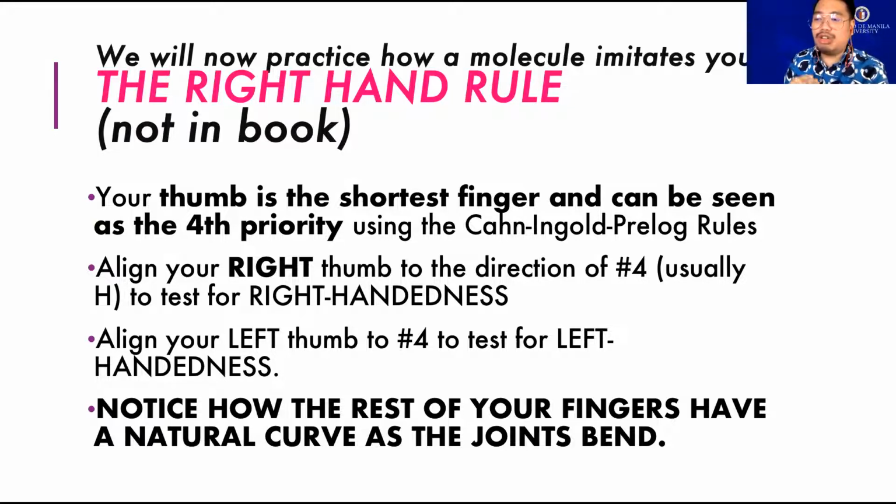And what, again, I need you to remember is that your thumb of either your right hand or your left hand will represent priority number 4. So priority number 4, the smallest, which is usually a hydrogen atom, will be your priority 4. And all the other groups on your chiral center, we will check if it follows the natural curve of your right hand or the natural curve of your left hand. Okay?